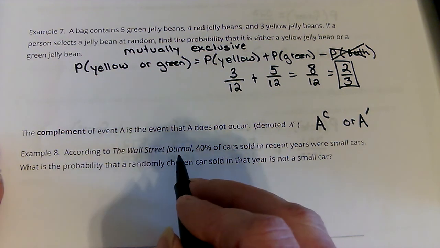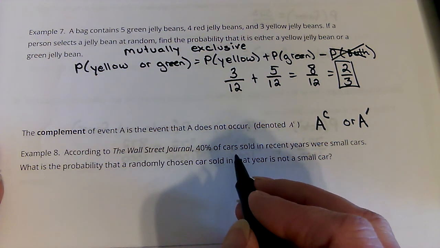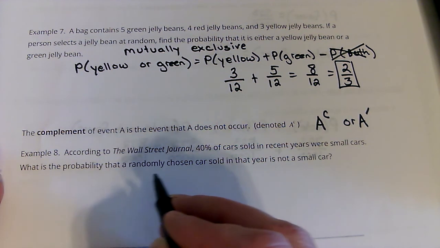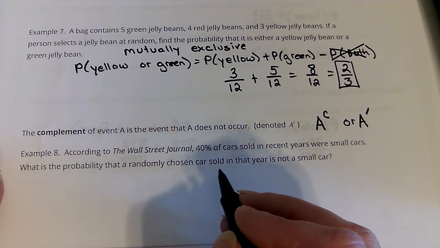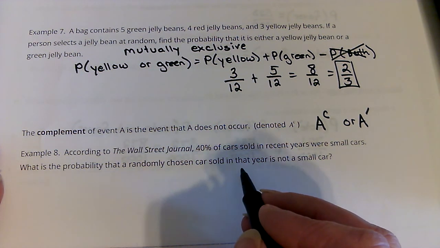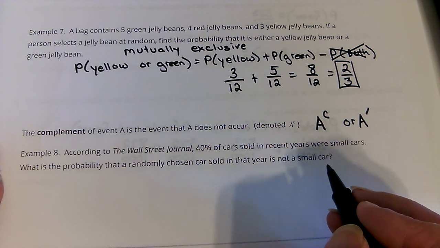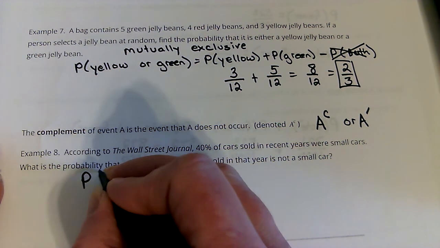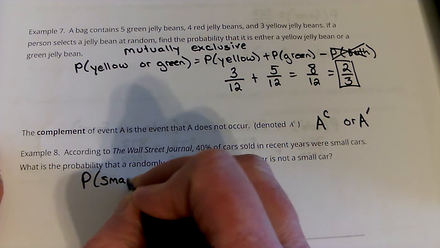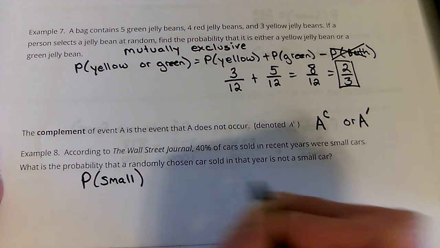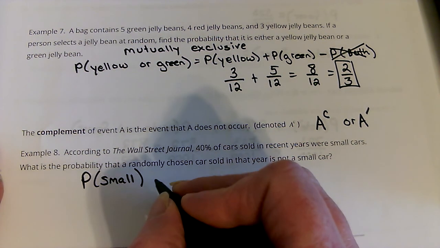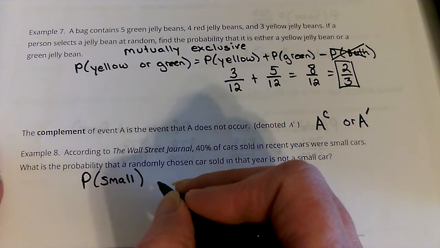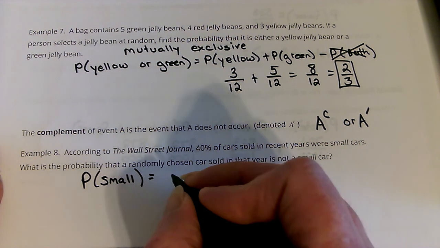According to the Wall Street Journal, 40% of cars sold in recent years were small cars. What is the probability that a randomly chosen car in that year is not small? So the probability of being small was 40%. And by the way, probabilities can be fractions, but they can also be percents or decimals.